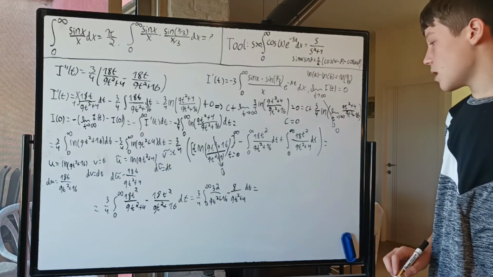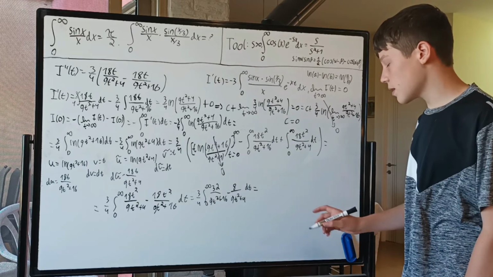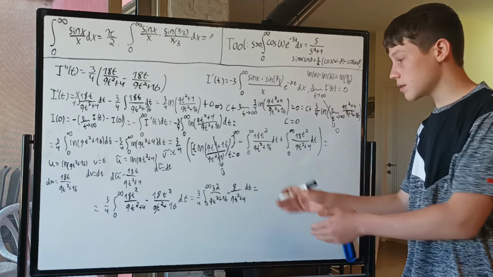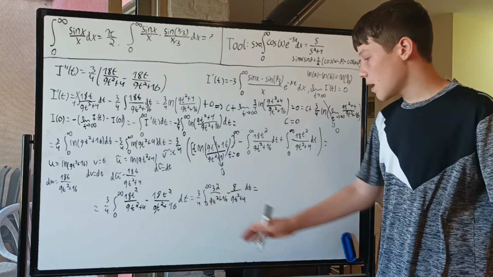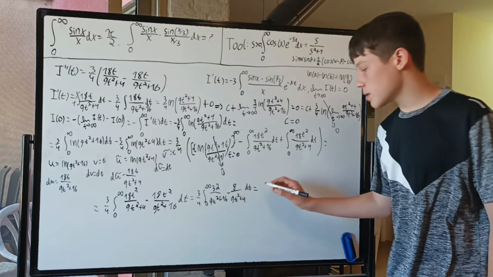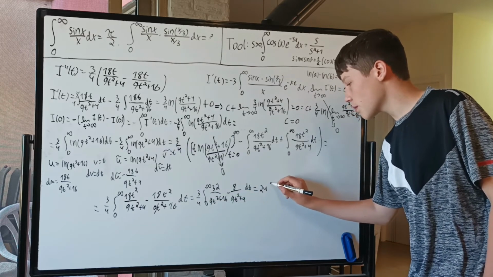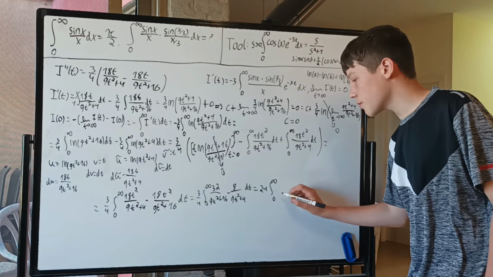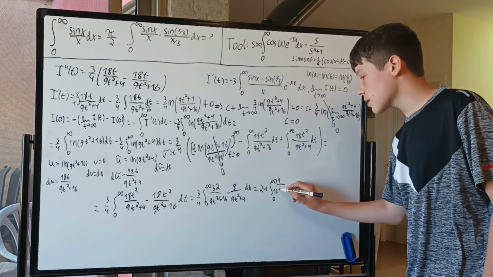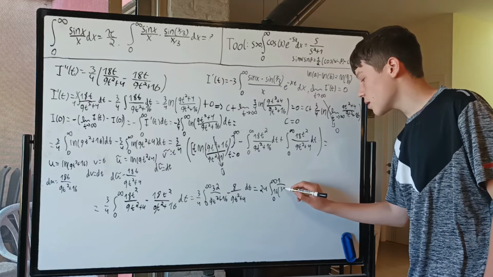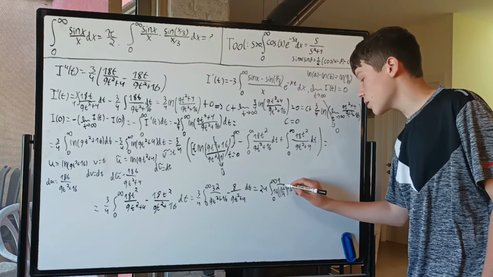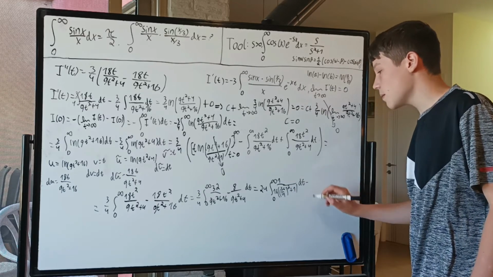Now, I'm going to separate the integrals again and move the constants out. 32 times 3 over 4 is 24, as the integral from 0 to infinity of 1 over, I'm going to take out a 16 and write 3t over 4 squared plus 1 dt.